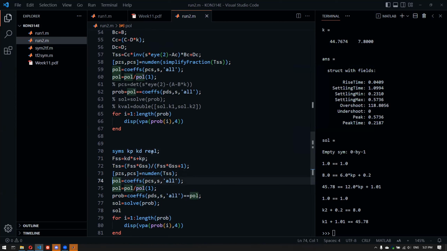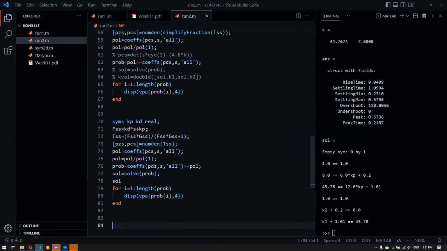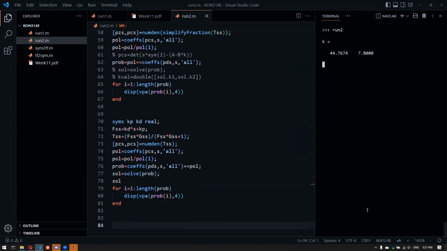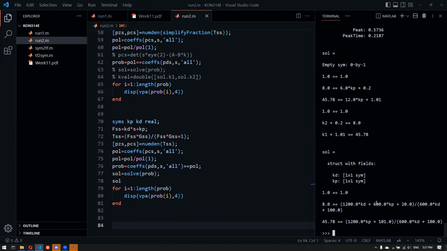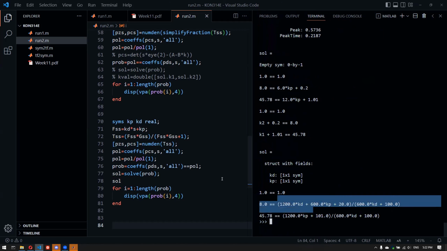Now, that should help us out here. Let's run it again. Now, of course, due to the normalization, it looks a little bit weird, but we see that we have Kp and Kd as values, and we end up having two parameters and two equations and a unique solution.